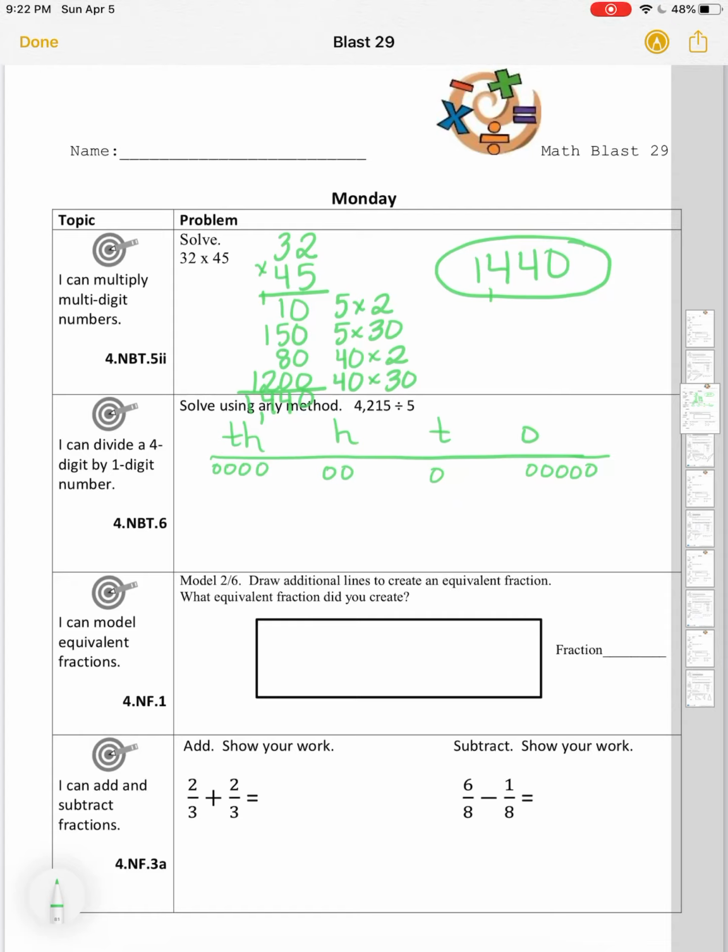And now I want to divide by 5, so I'm going to bundle those into groups of 5. Here, I don't have enough, so each one of these discs decomposes to make 10 discs. So each 1,000 is decomposing here to make 10 hundreds, because 1,000 is the same as 10 hundreds.